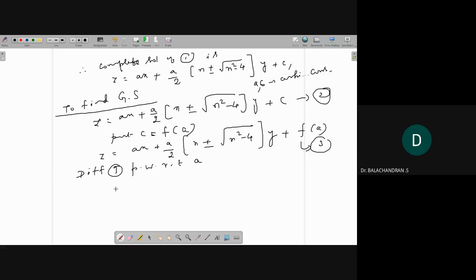You will get 0 equal to x plus 1 by 2 into n plus or minus root of n square minus 4 into y plus f dash of a. So this is equation 4. Eliminating a between equation 3 and 4, we will get the general solution of equation 1.